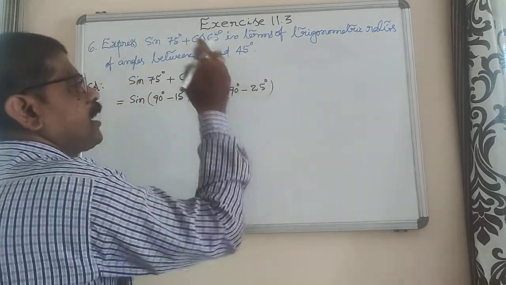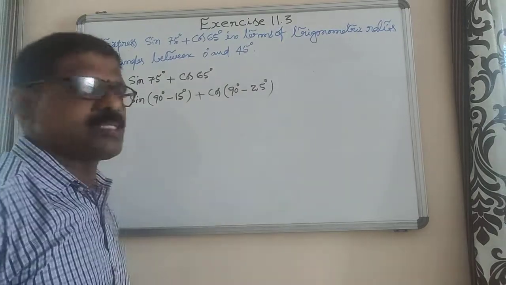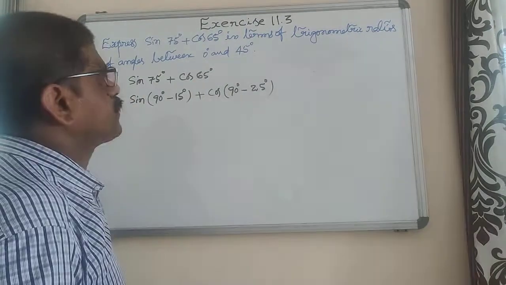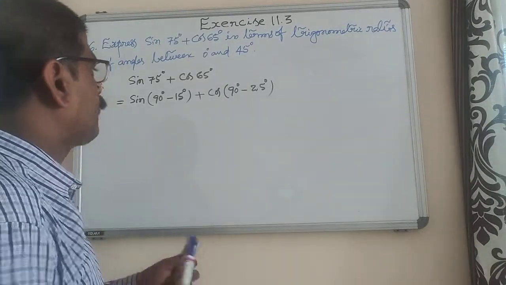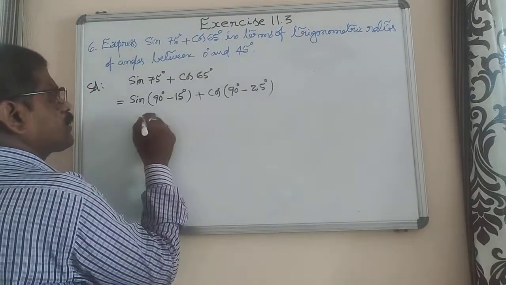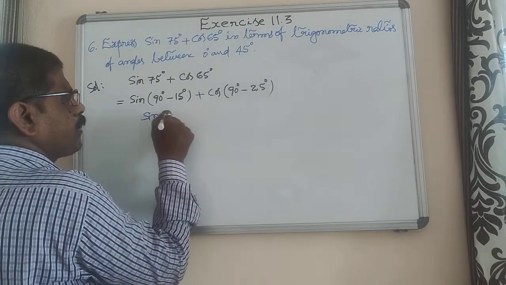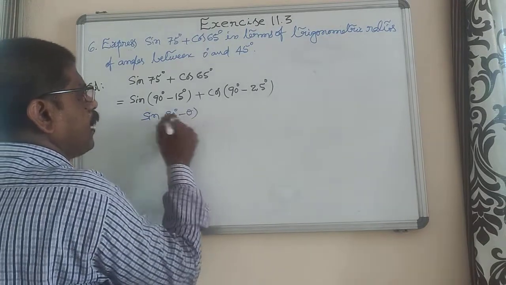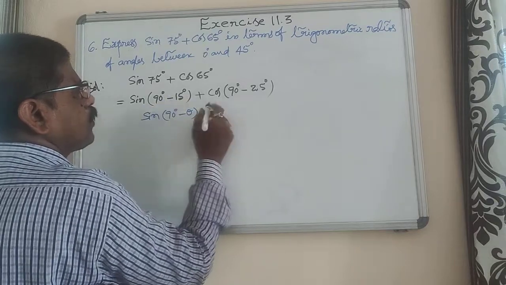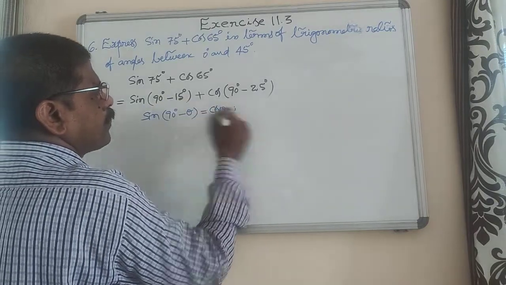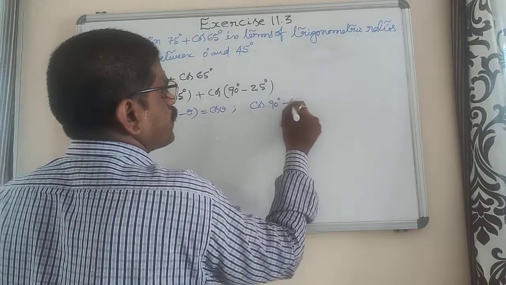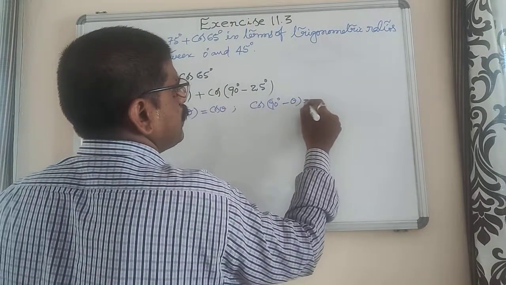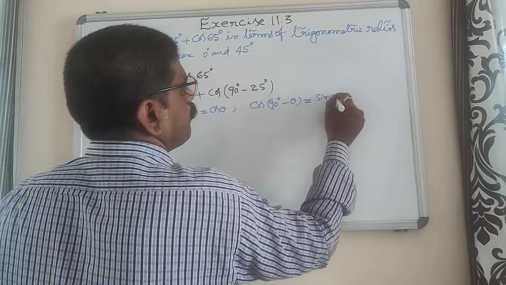Okay, 90 degrees minus 25 degrees is 65 degrees. Now it is in the form of sine (90 minus theta). Sine (90 degrees minus theta) can be written as cos theta. Clear? Now cos (90 degrees minus theta) can be written as sin theta.